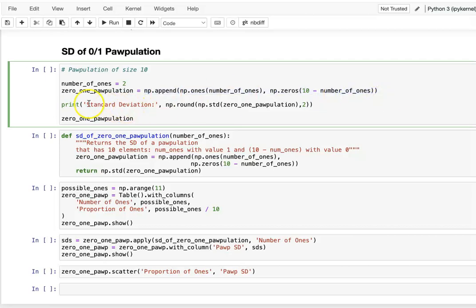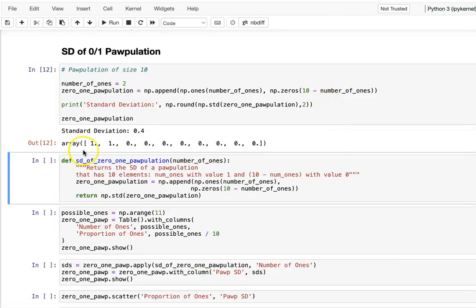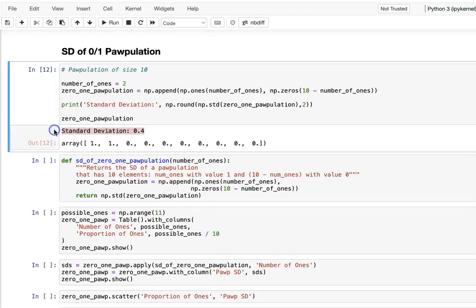So we create a 0,1 population: we add two 1s, and the rest are 0. From here, can I find the standard deviation of this 0,1 population? Yes, I can. I just pass that and run it to 2 decimal places. Then you will see that in this population with only two 1s and the rest 0s, the standard deviation is 0.4.